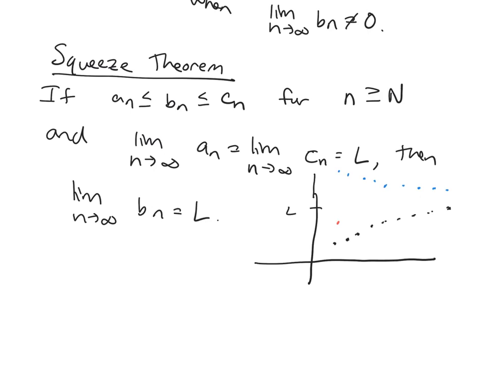So no matter what it looks like, it's going to be trapped between these two colors, this black and this blue, and it's going to be forced to go along for the ride. It's going to be forced to have the same limit just because it's trapped between two other sequences that have the same limit. Okay?